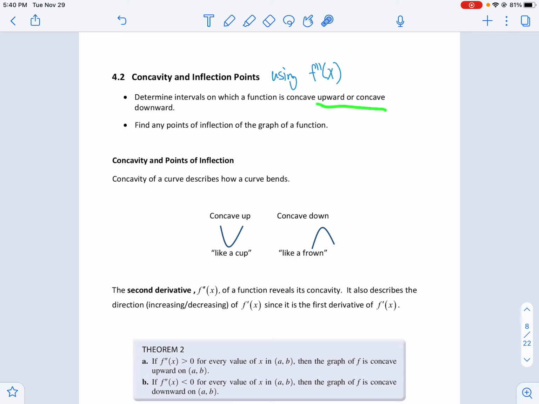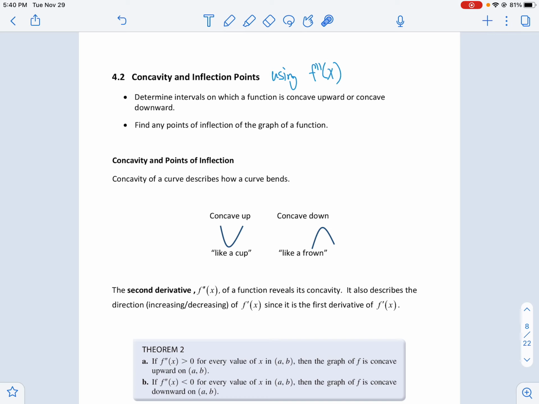We can also find what we call points of inflection, or inflection points, using the second derivative. In the first derivative, there were similar types of points called critical numbers, which I will again cover in this video, but we're mainly going to focus on the second derivative here.